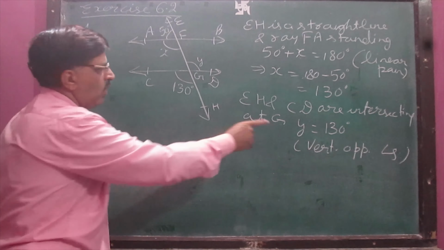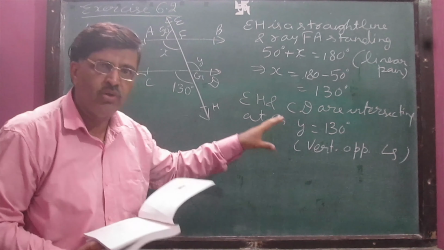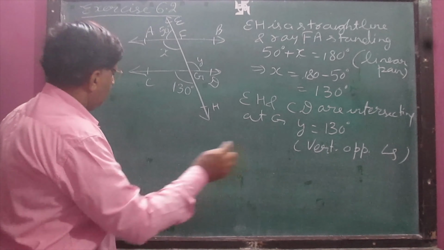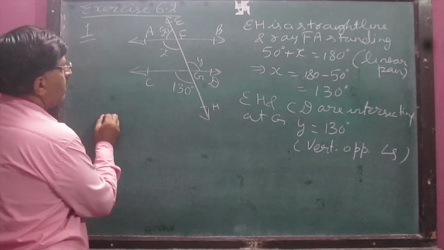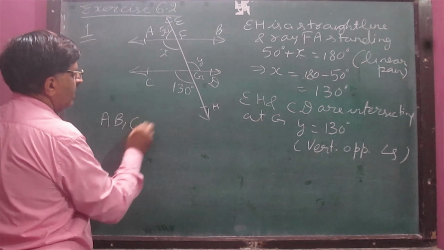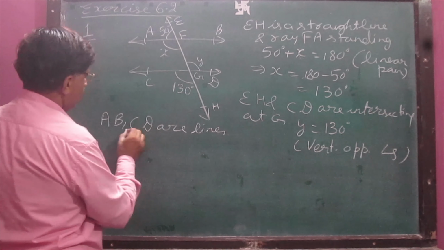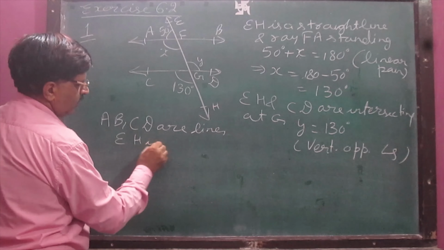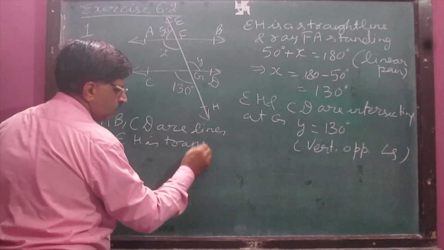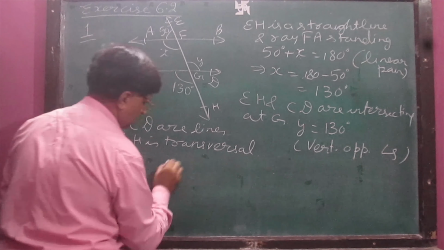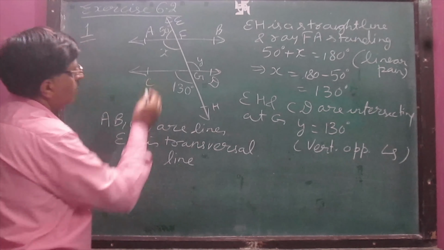Now, first of all, the demand was to find X and Y. Using X and Y, you have to conclude that the lines are parallel. But we have AB and CD as lines, and EH is a transversal line. What does it show?